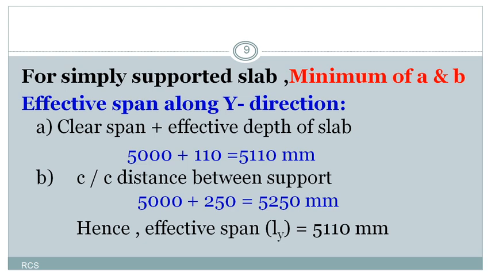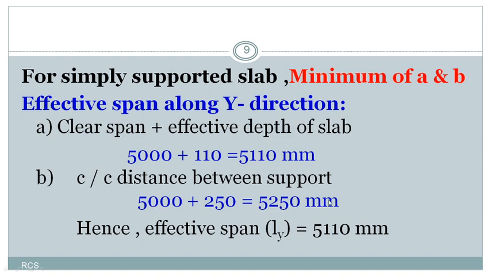Similarly, calculate the effective span along the y direction. For that, I will follow the same criteria, that is clear span plus effective depth and center to center distance between the supports. If I take the first criteria, the clear span plus effective depth of the slab, the clear span in y direction is 5000 mm plus effective depth 110 mm, that equals 5110 mm. And the center to center distance of the support is the clear distance plus the full width of the support, that is 5000 plus 250, that equals 5250 mm.